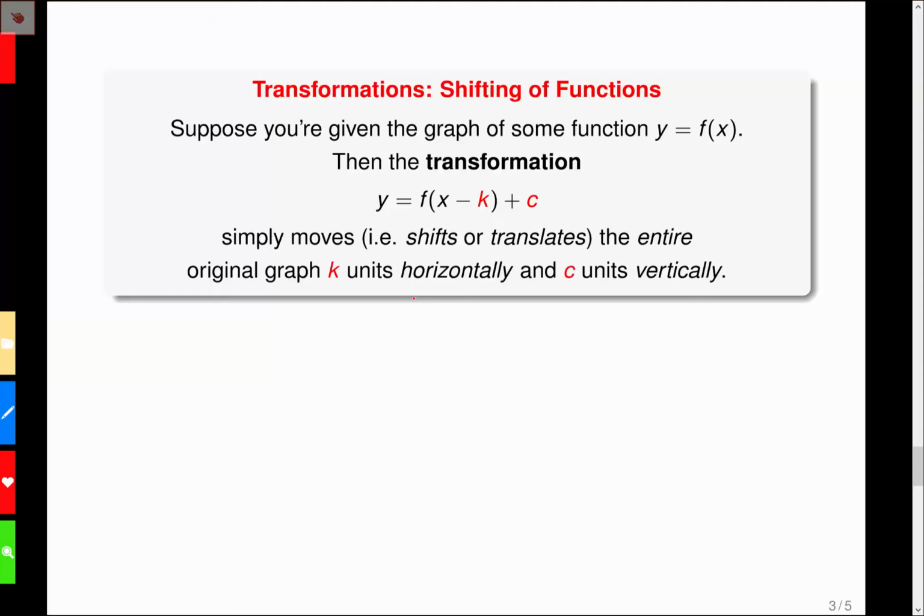Wow, that might have been a lot to take in at once. Let's see how all of this theory ties together with the quadratic function we've been looking at. We start with a function y equals f of x, which I'll choose to be the simple quadratic function f of x equals x squared.